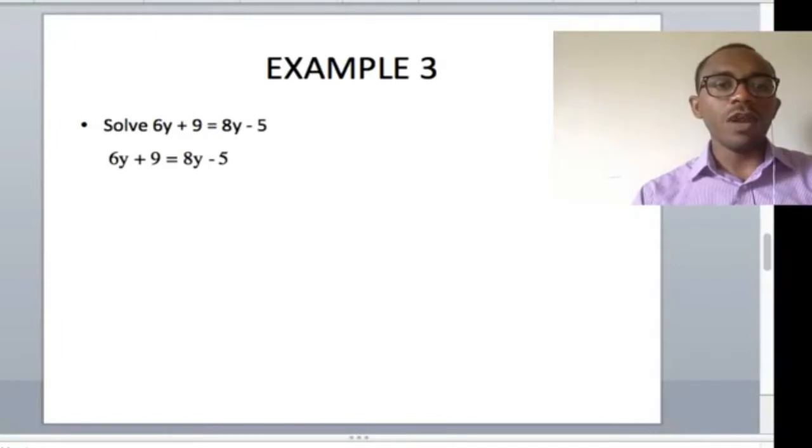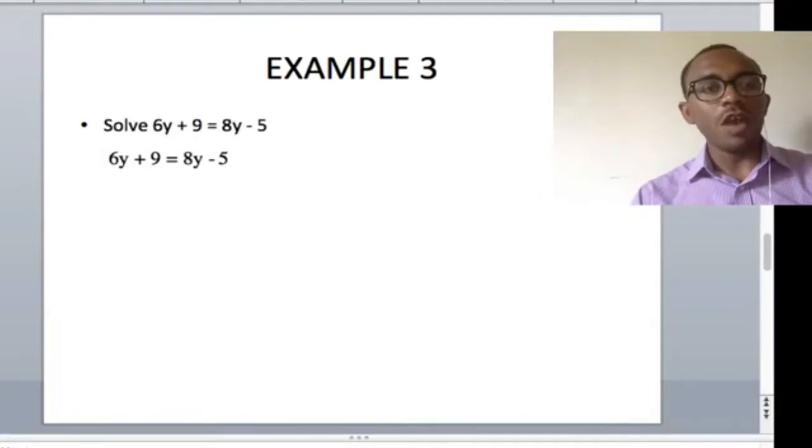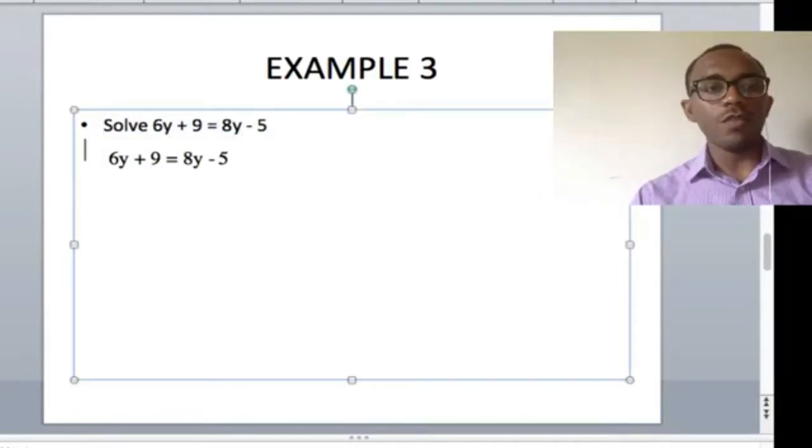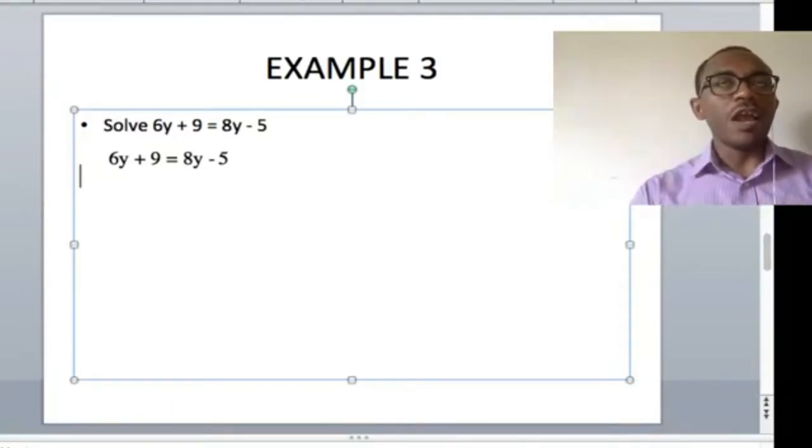So we have to move all the y's to one side. So that's the first thing we're going to do. I'm going to make sure I remove and put all the y's on one side. But how do I remove? To remove, you use the reciprocal. Again, you either add or subtract. Do not divide, do not multiply.